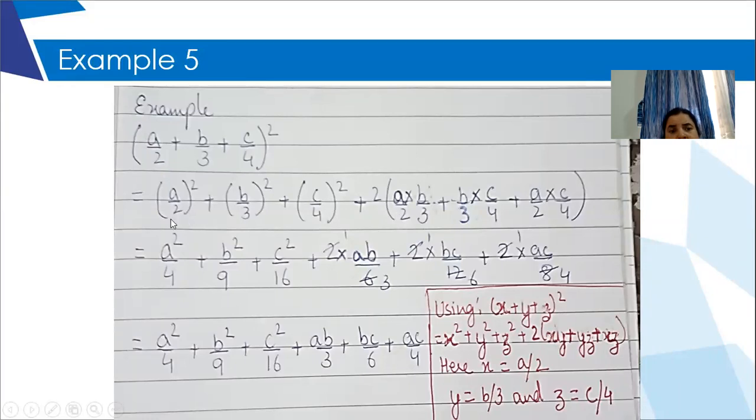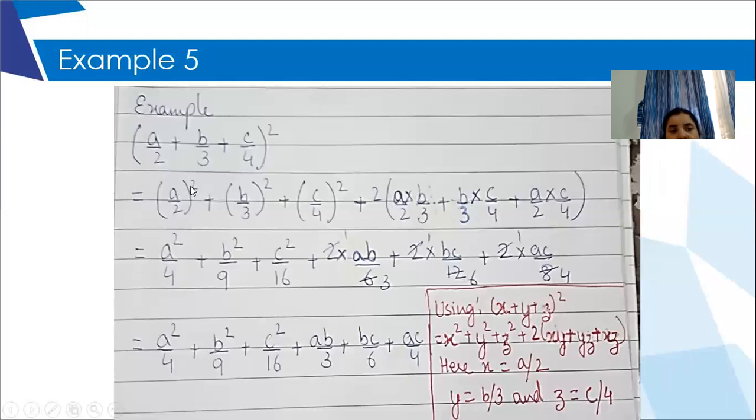Now after that, one more thing which I want to tell you is, children, when you are replacing this x, y, and z, every time you see that x is a fractional thing, please put a bracket when you are replacing.